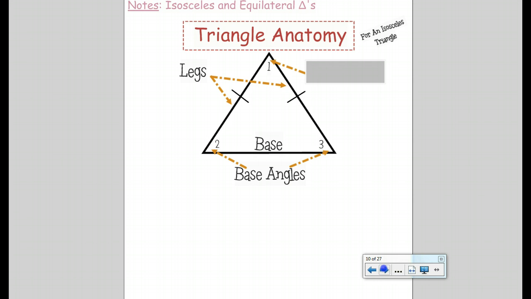That's the vertex. Danica, what's angle 1 called? Vertex. The vertex angle. The angle where the sides with the tick marks meet up. How many vertex angles does an isosceles triangle have? 1. How many base angles? 2. All the time, always.